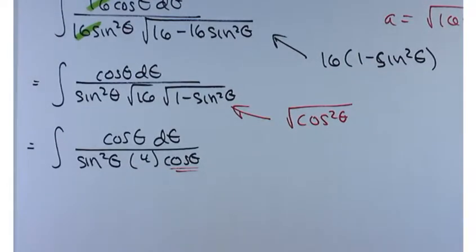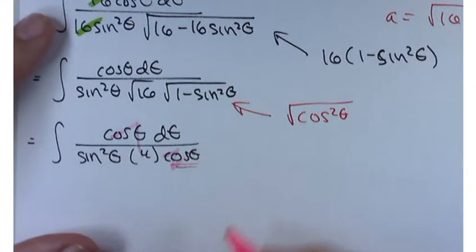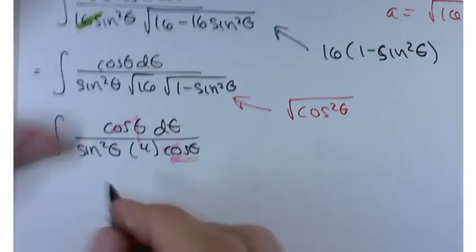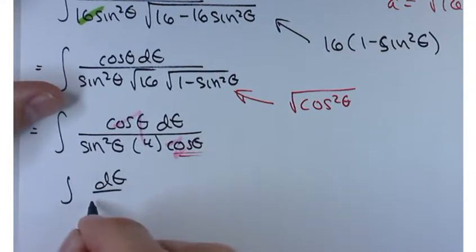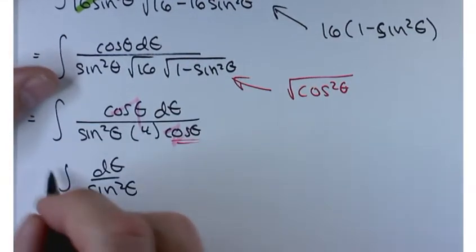So that allows me to pull out my favorite Zorro pen and go, ole, and cancel that out. Cosine of theta is gone. So that leaves me with d theta over sine squared of theta. And then there's a 1/4 that I'll factor out in front.